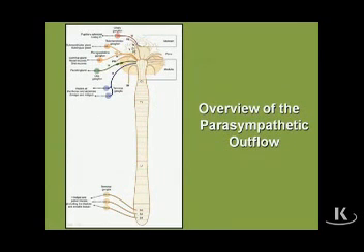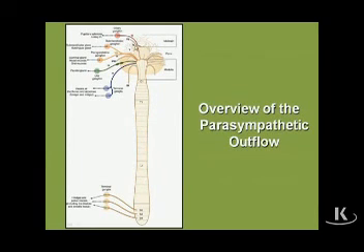The remaining parasympathetics, 3, 7, and 9, their responsibility is to innervate structures that are in the head. They do it in a slightly different way. Instead of having terminal ganglia, in other words, cell bodies in the walls of the organs, in the head we have 4 discrete parasympathetic ganglia: ciliary ganglion, submandibular ganglion, pterygopalatine ganglion, and otic ganglion.